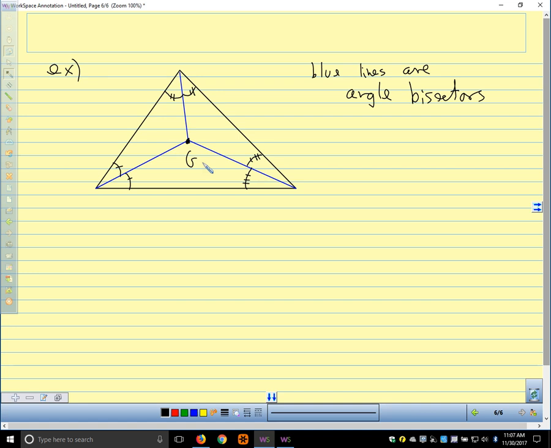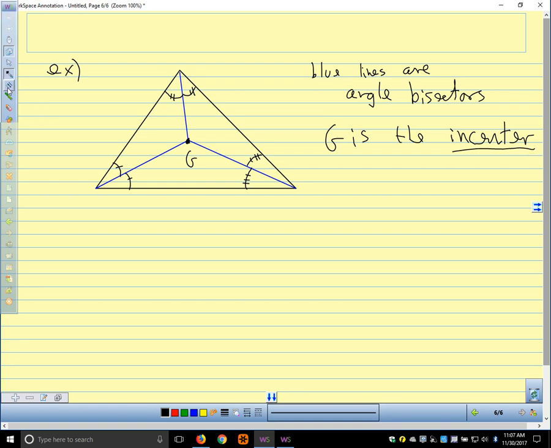Angle bisectors? From the sides. So point G is the incenter. It's the same distance from all the sides.